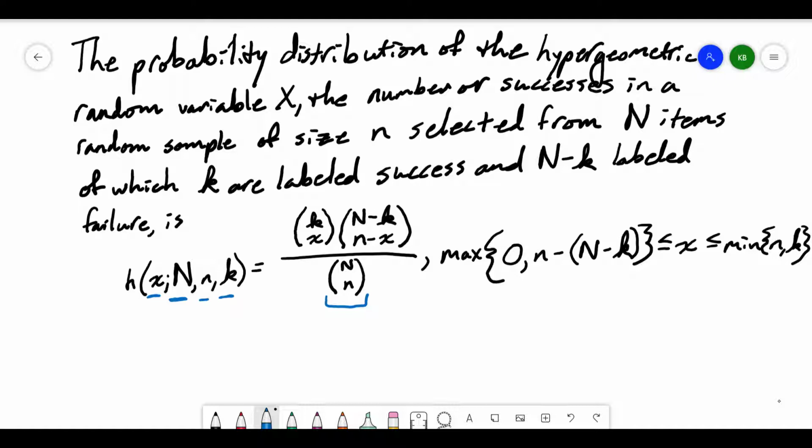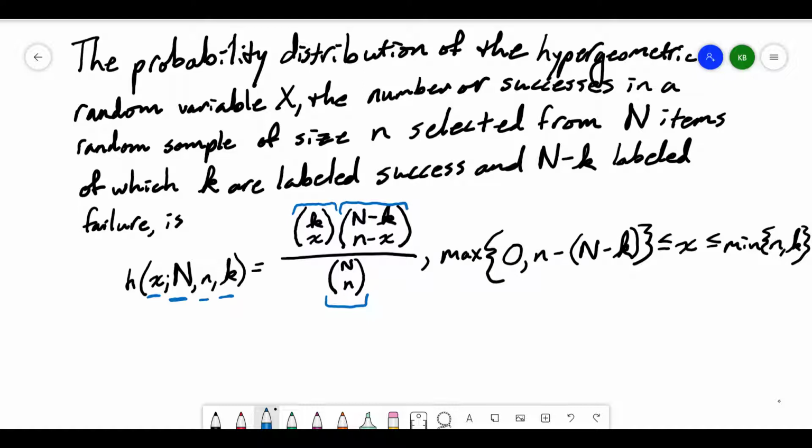My numerator is looking at taking the k items that are labeled successes in my population and asking how many ways can I choose x successes from the total number of successes I have available to me? And then, since it's independent of the idea of selecting failures, I have N minus k failures.